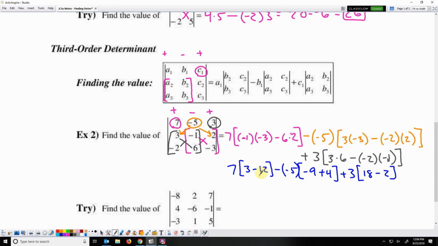So that's 7 times negative 9, so we get negative 63, minus negative 5 times, and then negative 9 plus 4 is negative 5. So negative 5 times negative 5 is 25. And plus 3 times 16, which is 48. So negative 63 minus 25 plus 48, and that is negative 40. So the determinant of that matrix is negative 40.